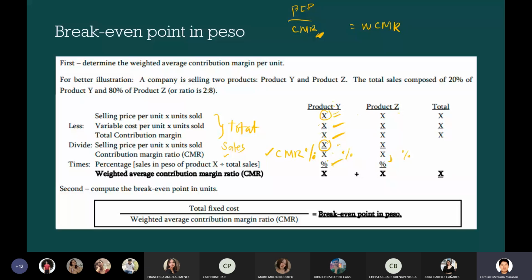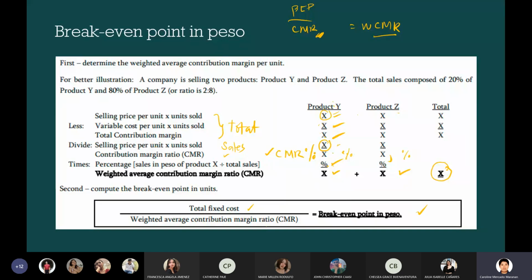So, percentage times percentage, ito na po yung magiging weighted contribution margin mo or weighted average contribution margin. I-add mo sila. So, meron ka ng weighted CMR. So, balik ka dun sa break-even point formula, total fixed cost over weighted CMR. So, that's your break-even point in peso.